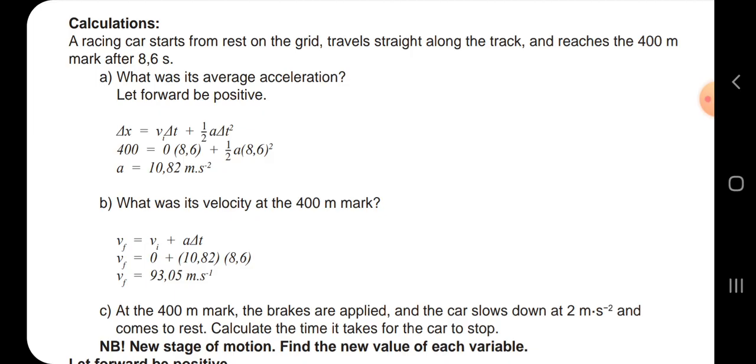Let forward be positive. So the car is traveling on a straight line. You can choose backwards as negative and forward as positive. So what is the average acceleration of the car?